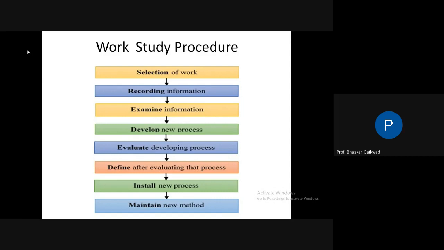And after this, if we develop a new process, then how much the cost will get reduced and what the production is, you have to evaluate. If the new method is good, cost gets reduced, production increases, productivity increases, then you have to continue that new method and maintain the record of the new method. This is the work study procedure.